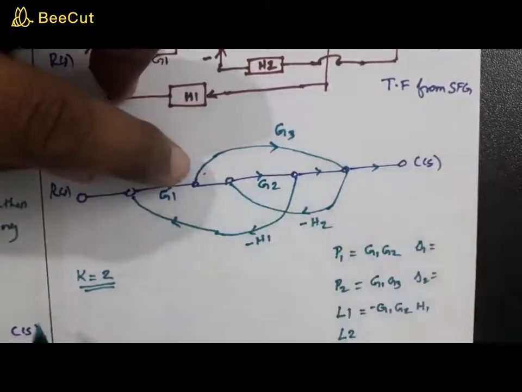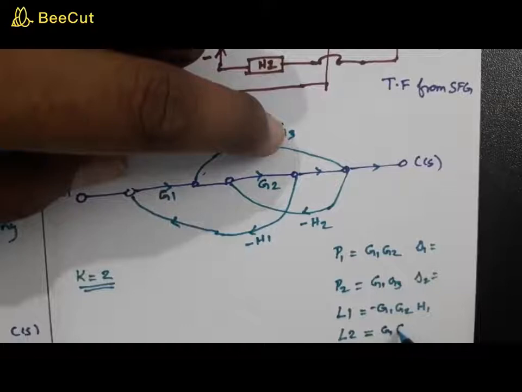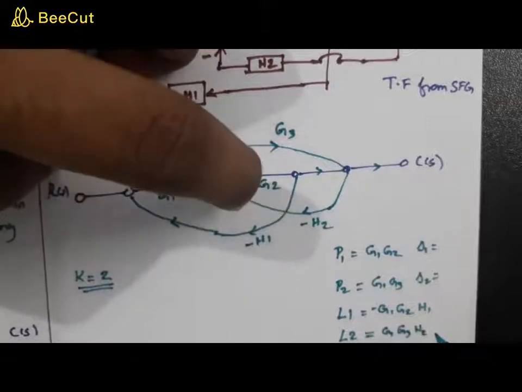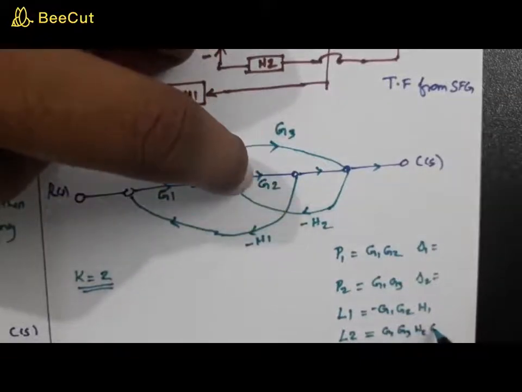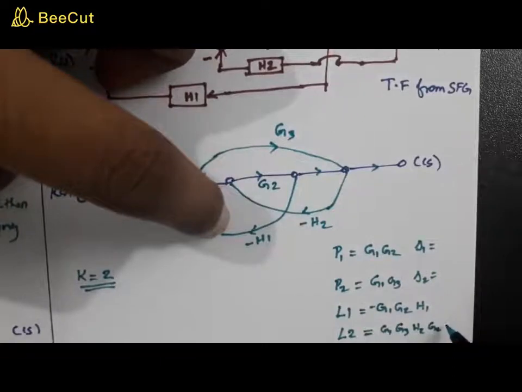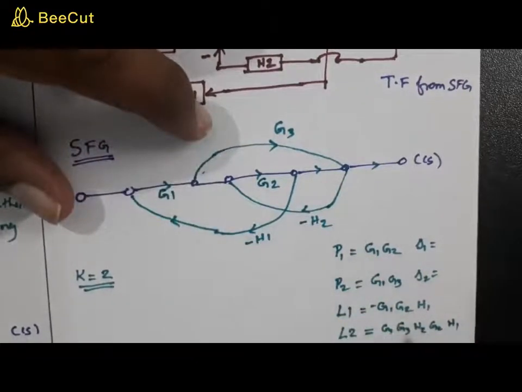Okay, so I'll just write it for you. You may just look. G1, G3, then that signal comes over here, H2. I'll put that minus later. Then you have a G2, then you have an H1, right? Now you have two minuses and those minuses become positive.